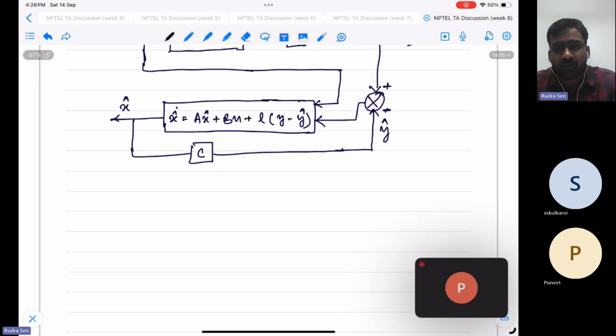Since we do not have knowledge of all the states, we design an observer to estimate the states and design a controller. So we need to design the controller and observer together; it is not that we design only an observer or only a controller.